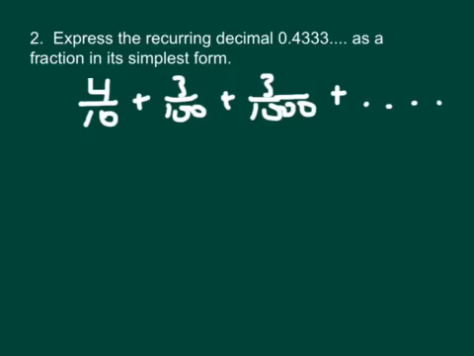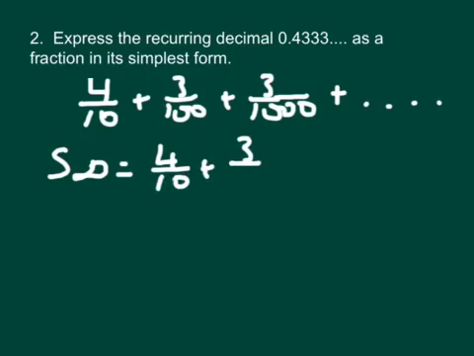Just making use of the place values of our digits here. Once we think about it that way, we can say that our limiting sum is equal to 4/10 plus those 3's, like so.